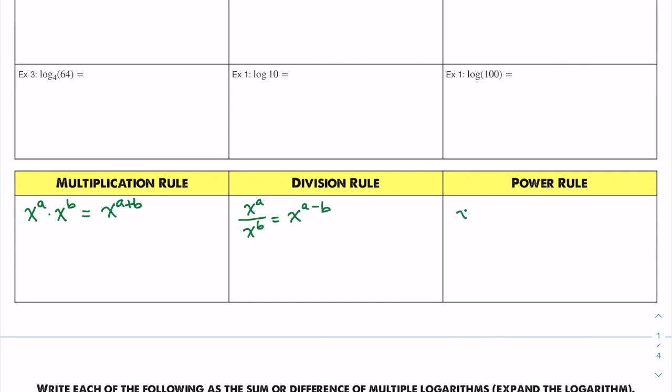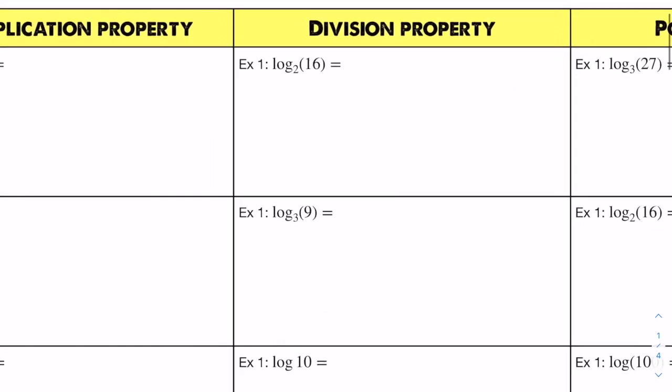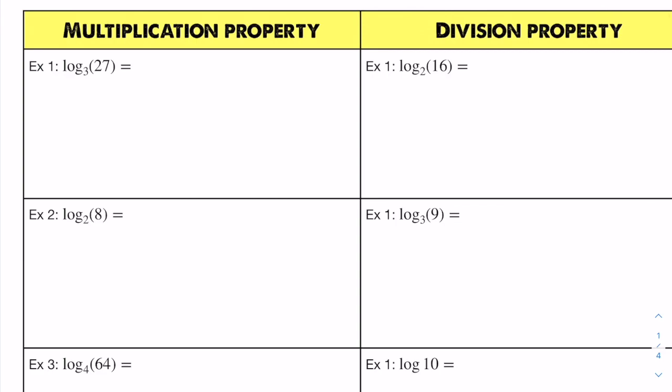And if we had x to the a power to the b power, that would just be multiplying those two powers together. Honestly, if you understand these exponent rules, they are very, very similar when it comes to working with logs. So I'm going to focus on the multiplication property for a second.